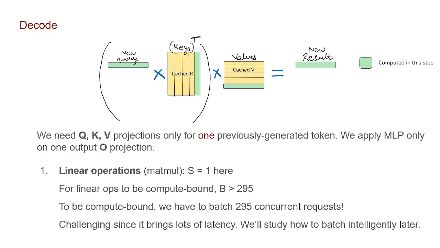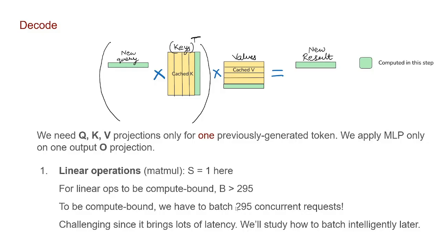And also, as we increase the batch size, we're going to see shortly, the latency also increases. And this leads to poor user experience. So it is a bit challenging to make the linear operations compute bound for the decode stage.